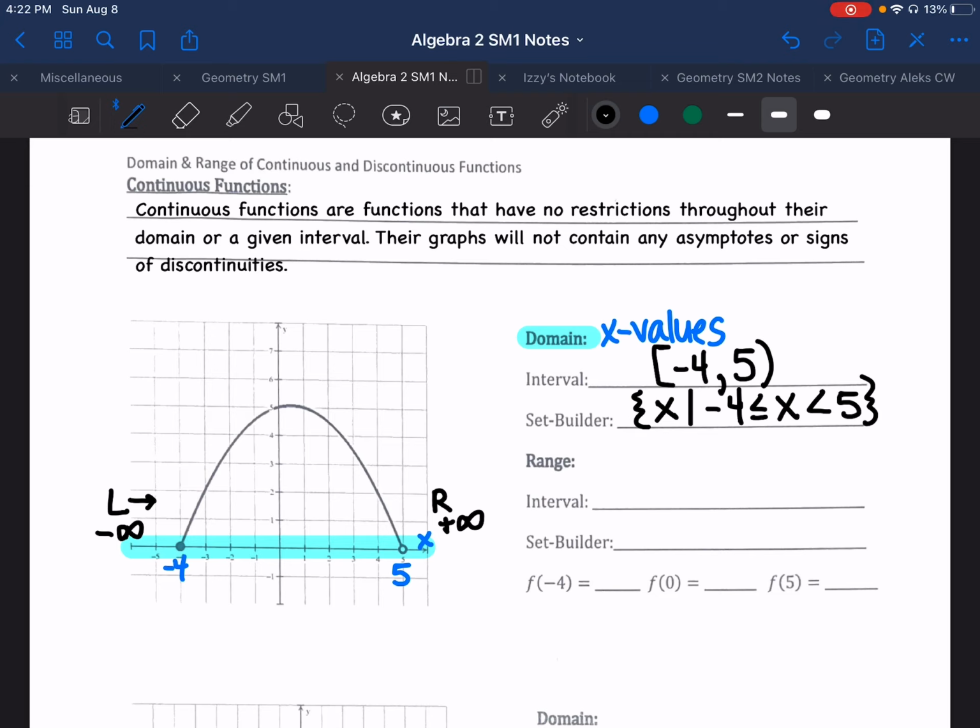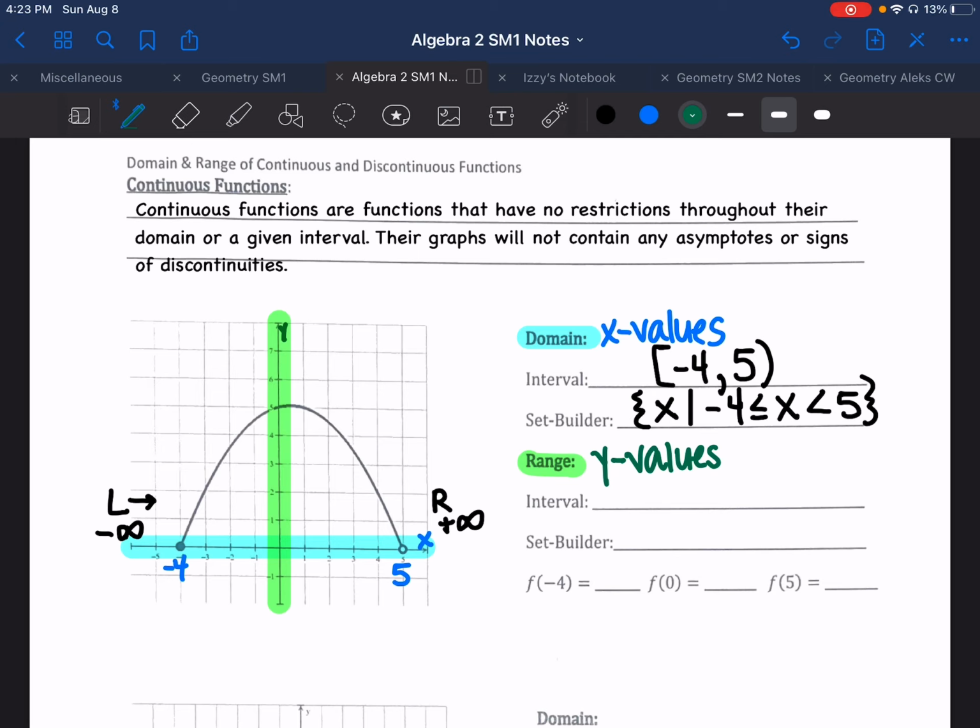All right, let's go ahead and talk about the range. Remember that the range are your y values. Now you need to be a little bit more careful when you read your y-axis. Notice the y-axis goes up and down. It does not go left and right.